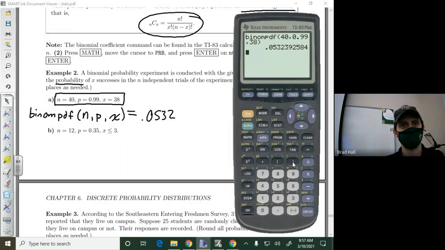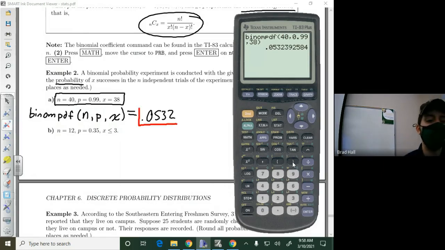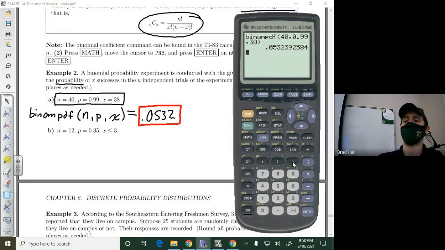You got it, people got it. Okay, so we'll talk about how to interpret this number later, but for the meantime, that tells us the probability of obtaining exactly 38 out of 40, whatever that may entail. Again, we'll talk about the interpretations in the next problem.